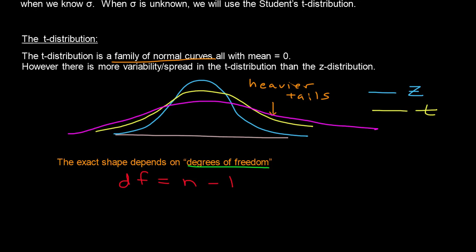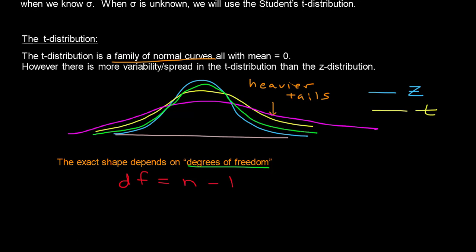I could even draw another curve. Let's go with green. Now this one I'm going to illustrate is very close to the blue Z distribution. So I'm going to make it almost indistinguishable. It's almost hugging the blue curve very closely.